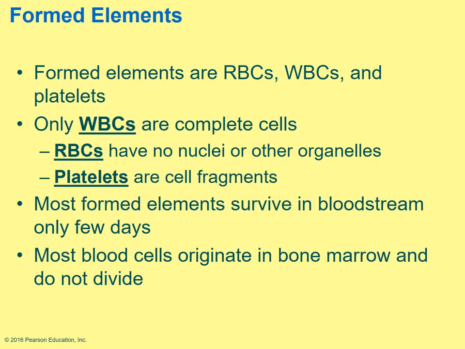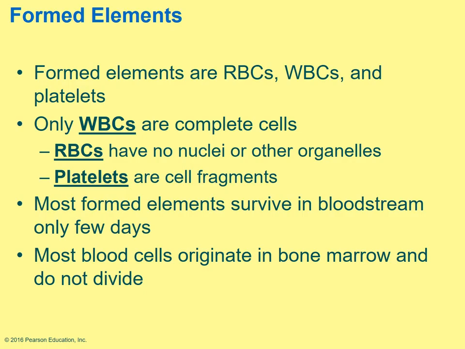For the formed elements, like I said, this is the cells. You have your red blood cells, your white blood cells, and your platelets. Only the white blood cells are what we call complete cells. And why is this? Well, the mature red blood cell does not have a nucleus. And it does not have any other organelles in it.